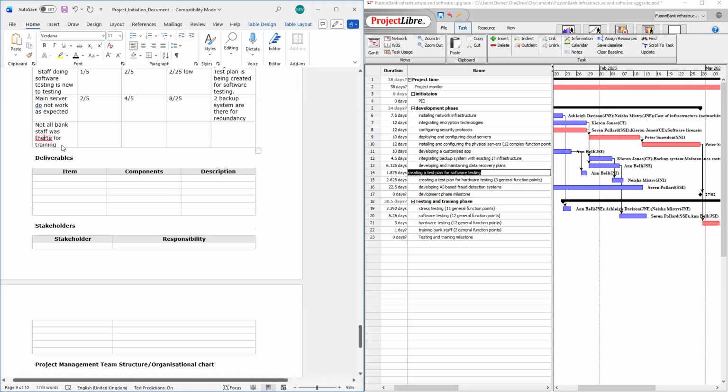Probability 1/5. No, let's do a 2/5 here. Impact would be 1/5. And that would be 2/5, meaning it's low. So this is medium here. We need to put our medium.